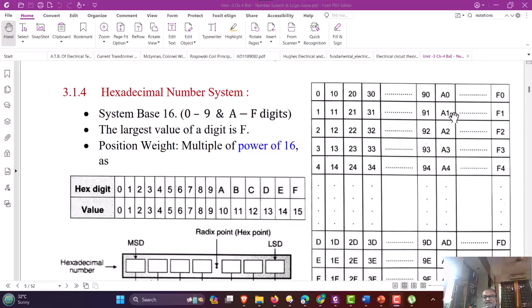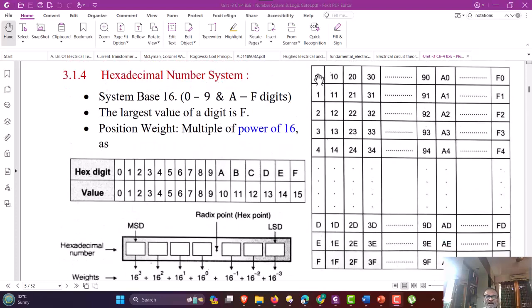In the typical number system shown in the table, the digits are increasing from 0, 1, 2, 3, 4 up to F, and after F, the MS digit will be incremented and the lower digit will be reset. So here the MS digit is 1 and the lower digit is reset to 0. So again 10, 11, 12 up to 1F. When the last digit becomes F again, the MS digit is incremented, that is 2, and the LS digit is reset to 0.